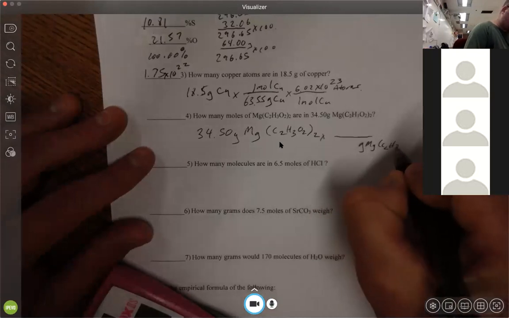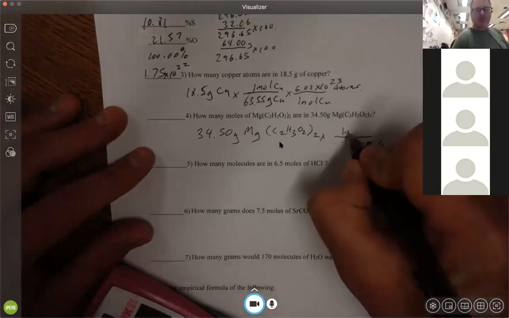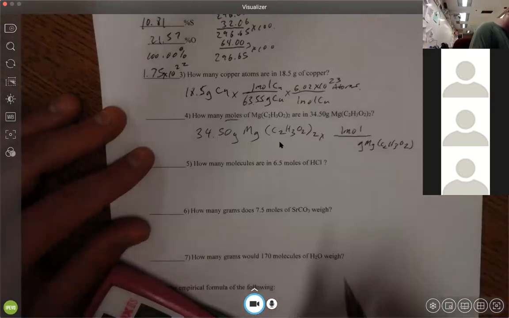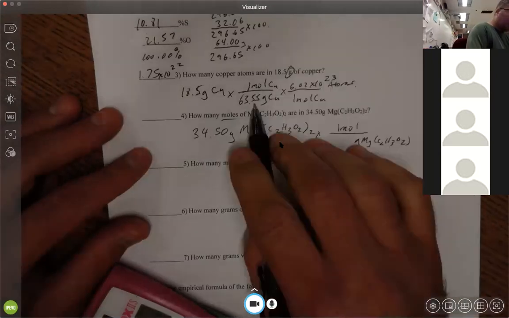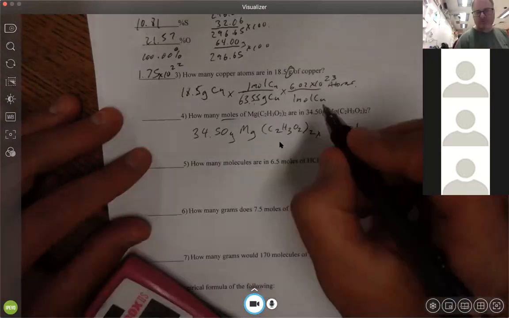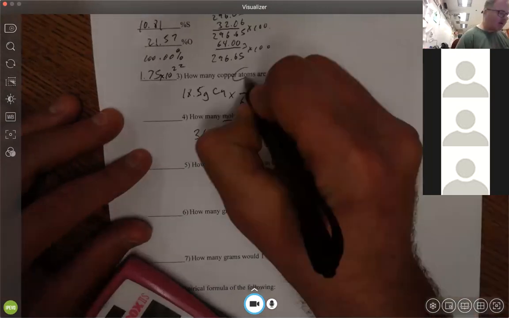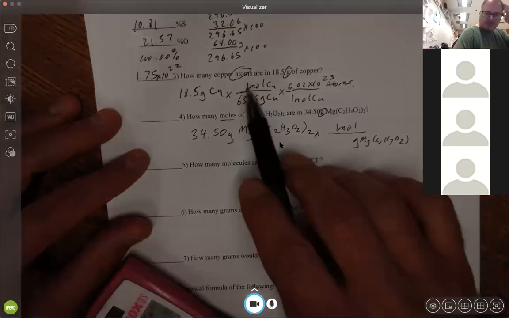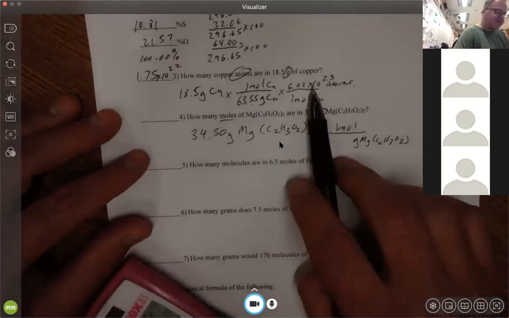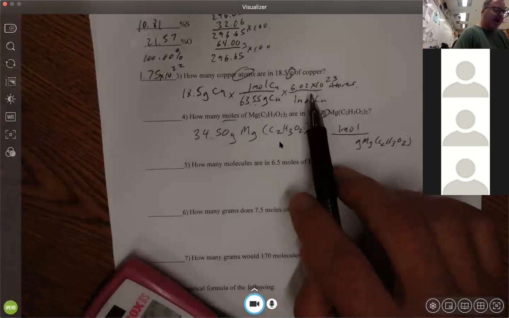That's equal to 1 mole. This time they wanted moles. Remember, if you see grams, you got to use that periodic table. And if you see atoms, particles, formula units, ions, molecules, then you need to use Avogadro's number. So for this, all we see is grams and moles. So you got to add all these up.